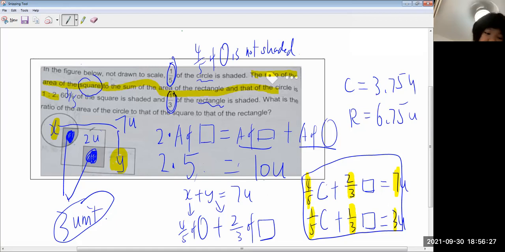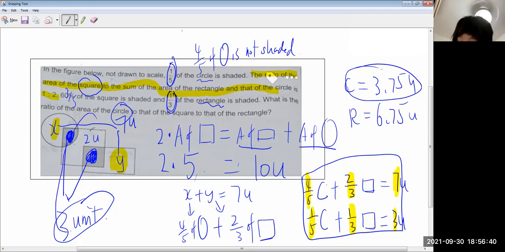Okay. So now it says, what is the area of the circle? Circle is here, to the square, right? Square is how many U? 5U. Square is 5U. So 3.75 divided by 5. Use your calculator.